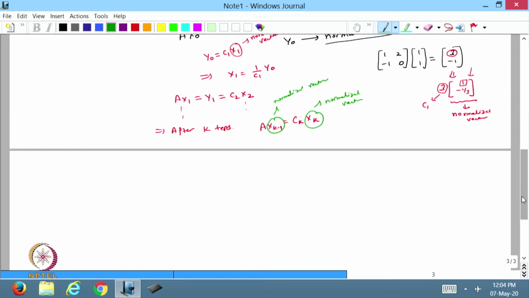So, now from here you can see that I am getting this type of algorithm, that is ck xk.